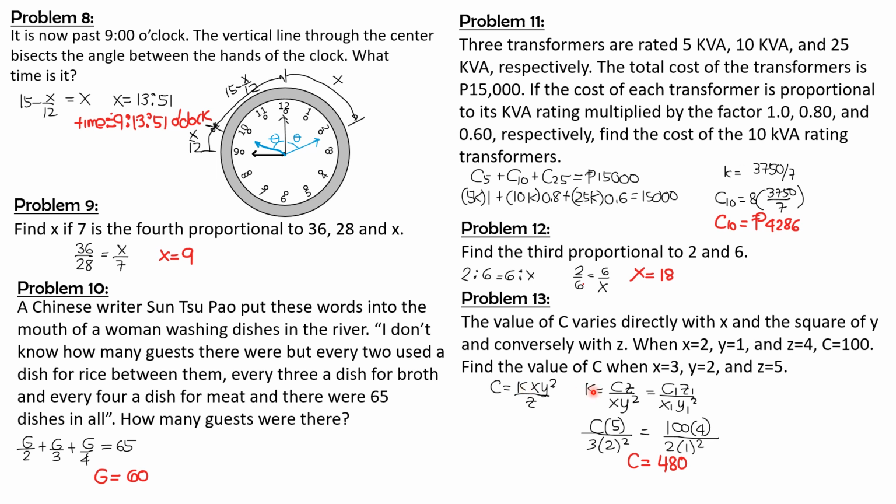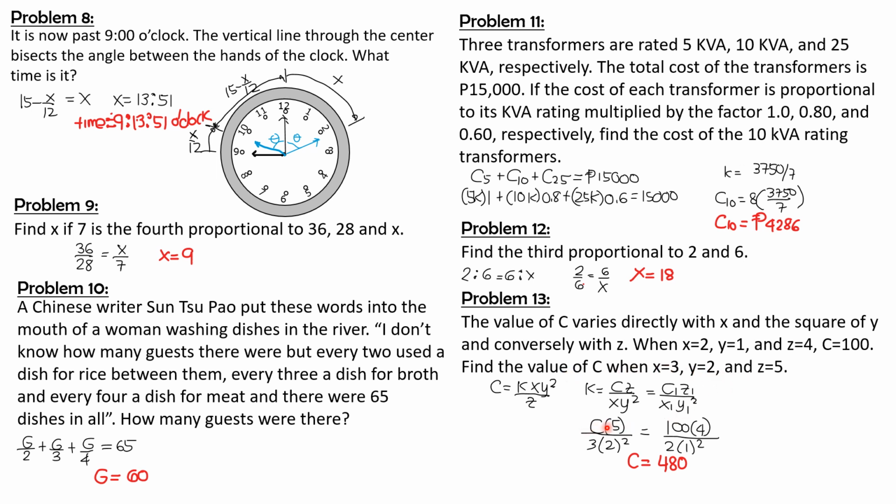Solving for k, k is cz over x y squared. Then we equate it to the other conditions, maintaining that formula: c1 z1 over x1 y1 squared. So this is the initial condition, this is the final condition. Find the value of c when x is 3, y is 2, z is 5.